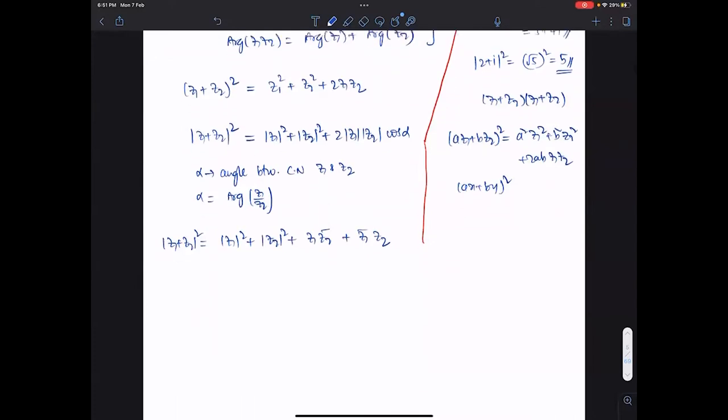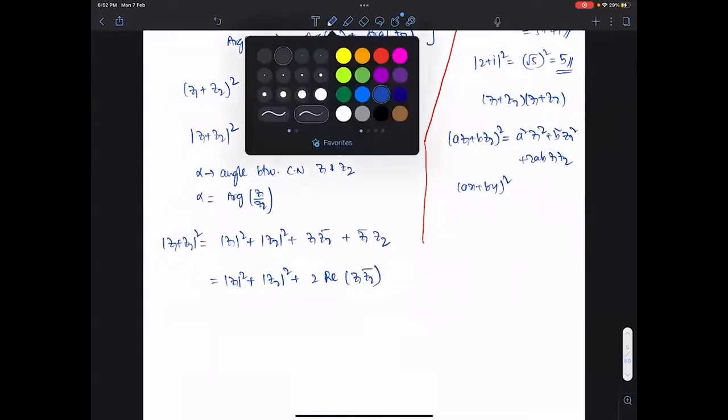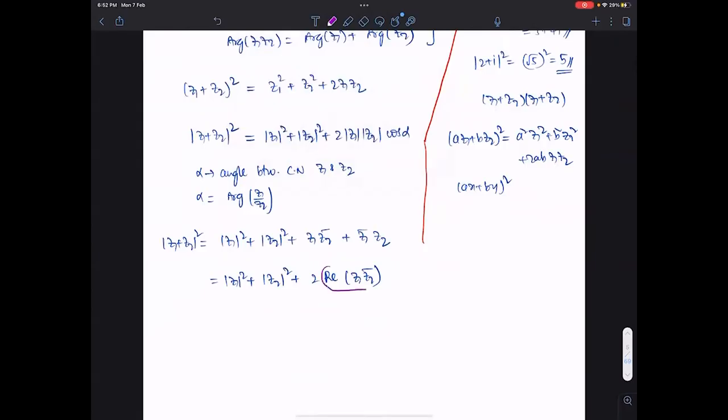Or there is another way: mod z1 square plus mod z2 square plus 2 times the real part of z1 z2 bar. How did I write this one? Because with this formula, many things you can recall. How am I writing 2 times the real part of this? It is because there are two terms, z1 z2 bar plus z1 bar z2.